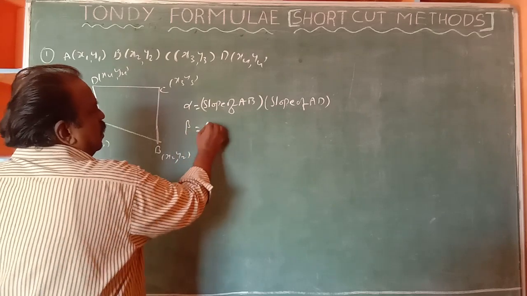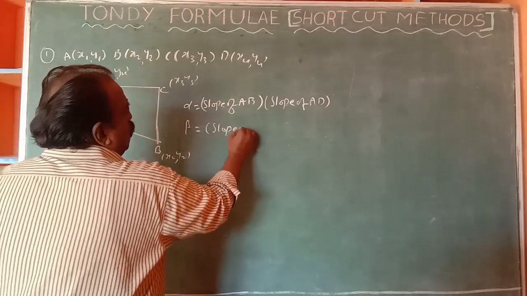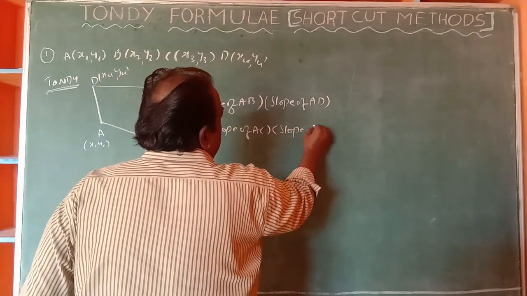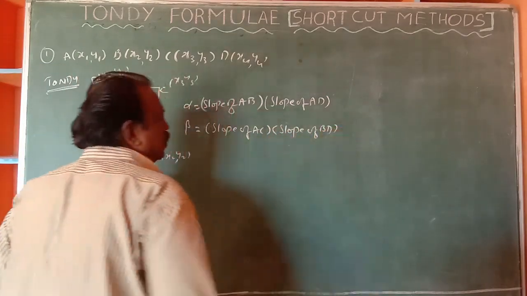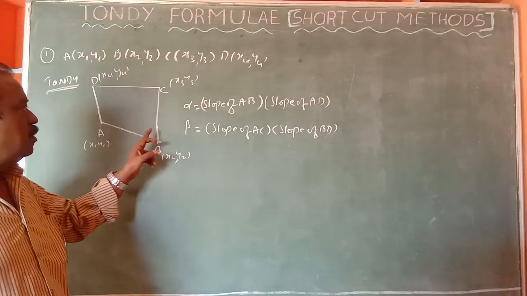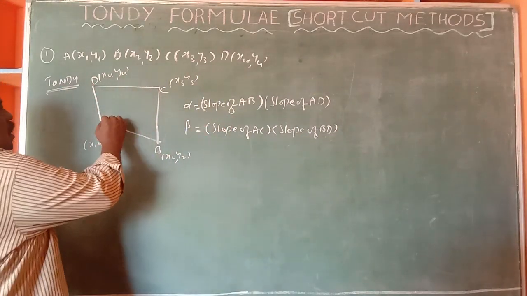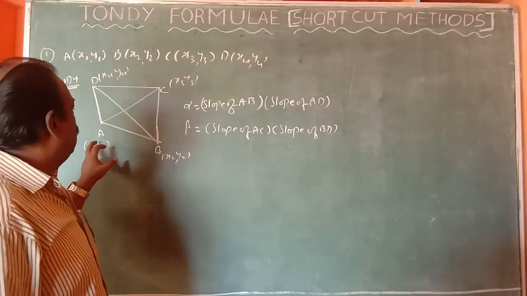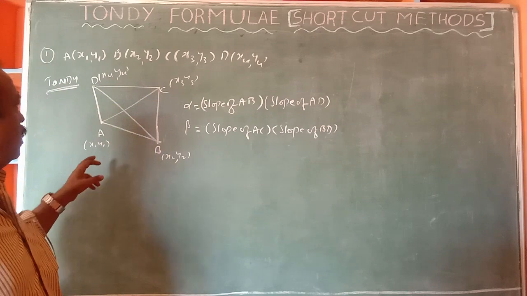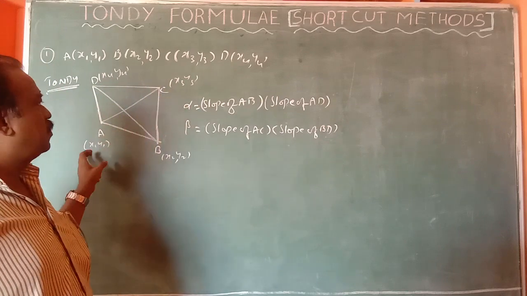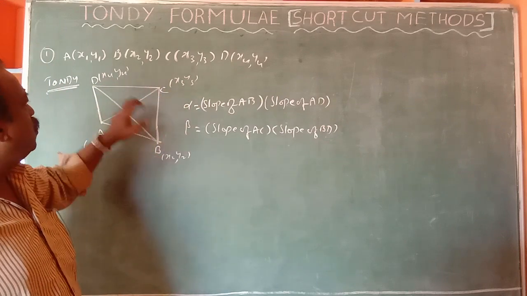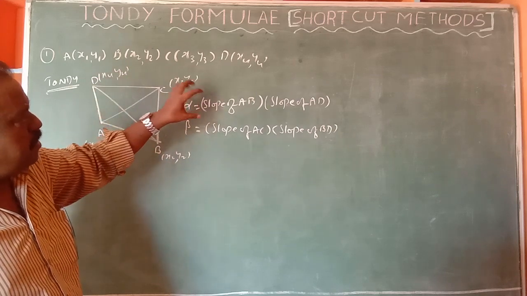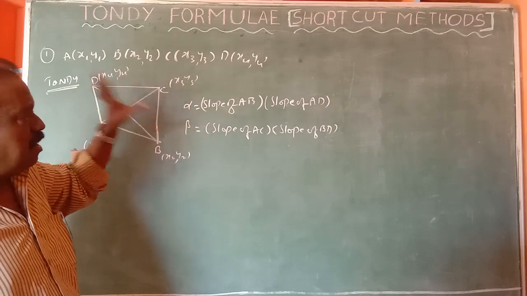Similarly, beta is the slope of AC into the slope of BD. Here also we find the slope, very simple: (y3 minus y1) by (x3 minus x1), and here (y2 minus y4) by (x2 minus x4). By simplification we get alpha and beta.